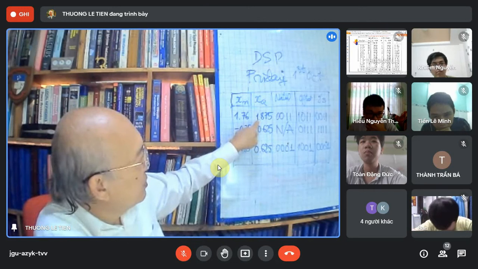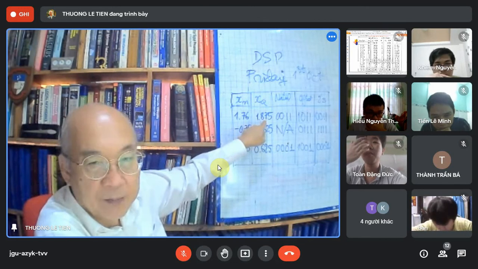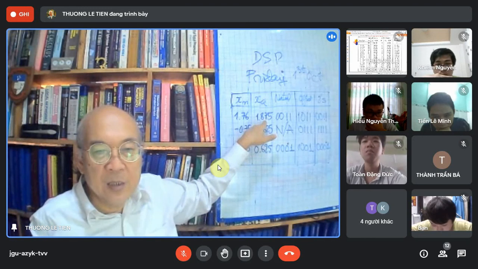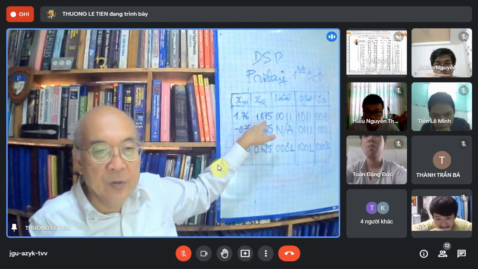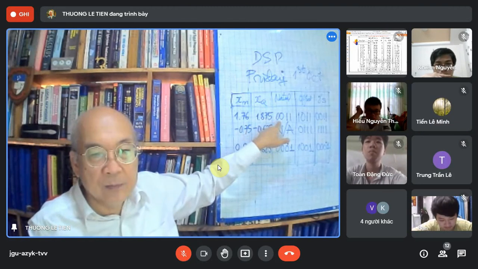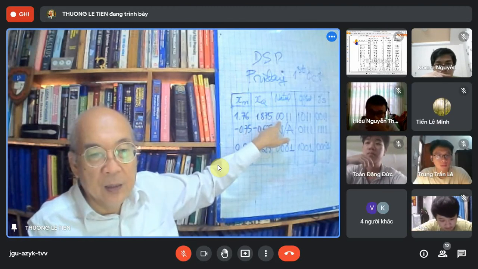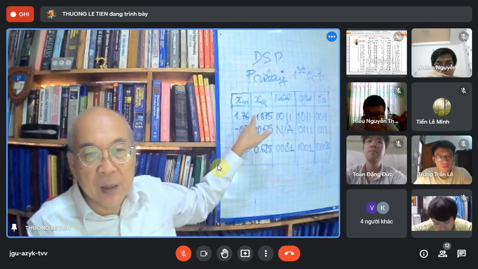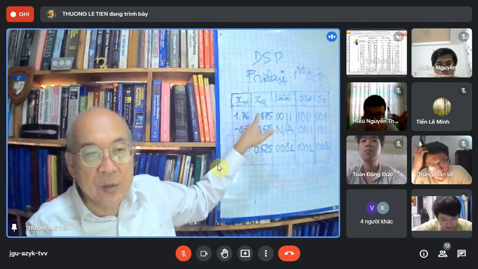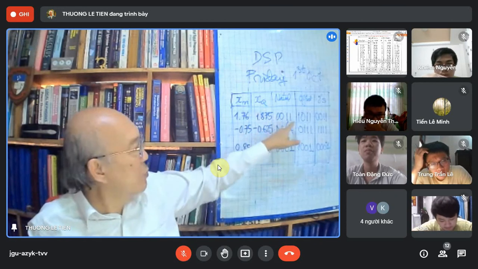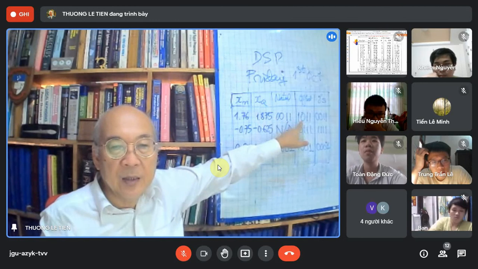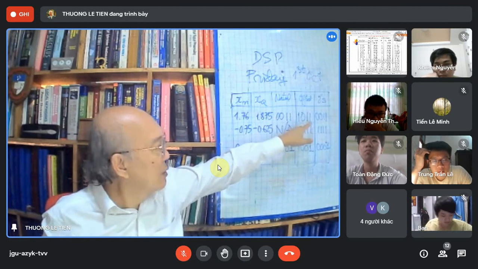For example, 1.75. Go to the left-hand side, the code is 0011. With the offset binary, we have 1.75, so go to the left, we get 1011. And go to the right-hand side, we get 0011.